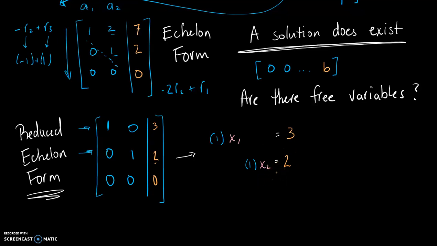Alright, and basically we can just look at this and say, x1 is equal to 3 and x2 is equal to 2. We have no free variables. So it appears that we have a solution, and our solution is in fact unique.